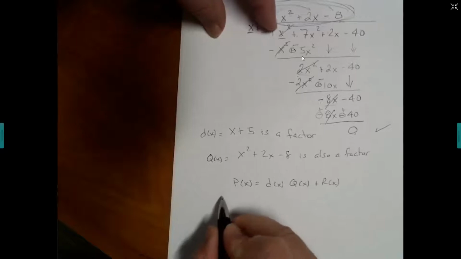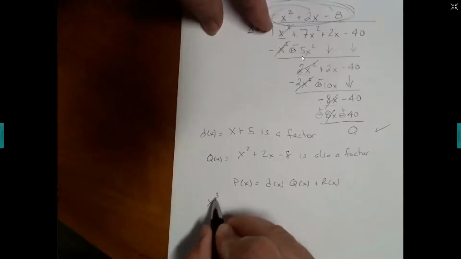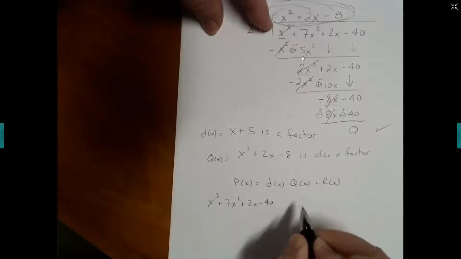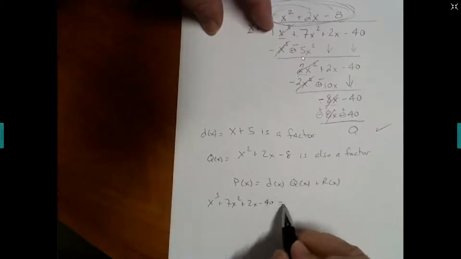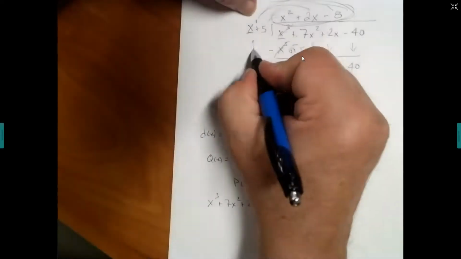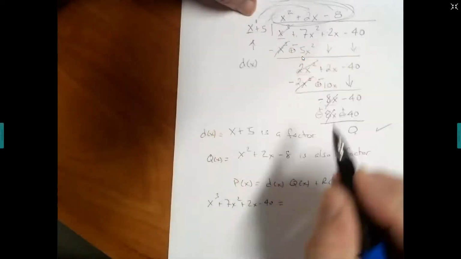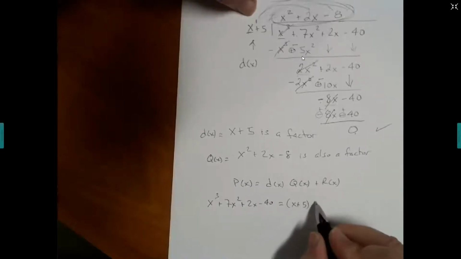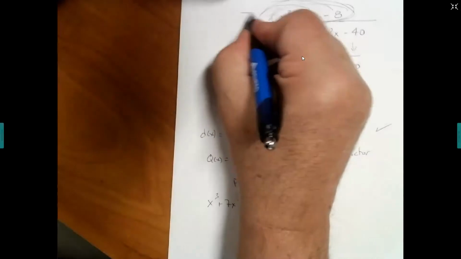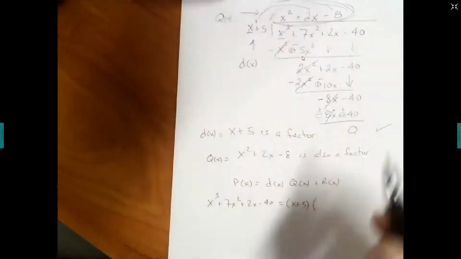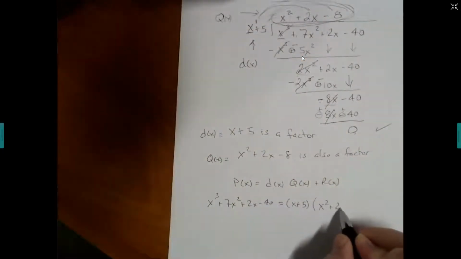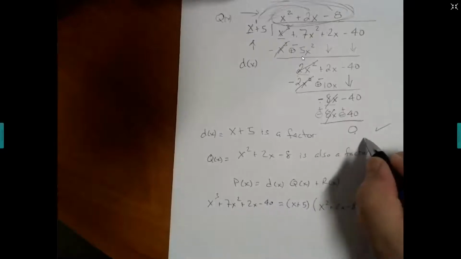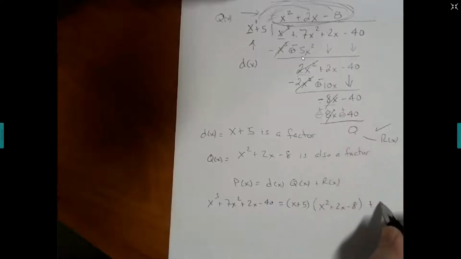So we know p of x is x cubed plus 7x squared plus 2x minus 40. That's your original. Equals the little d of x, x plus 5, times your q of x, x squared plus 2x minus 8, plus your remainder, which is 0.